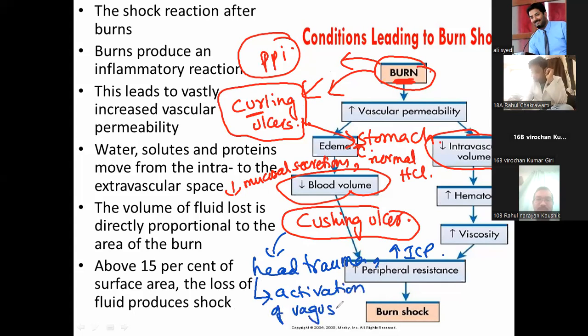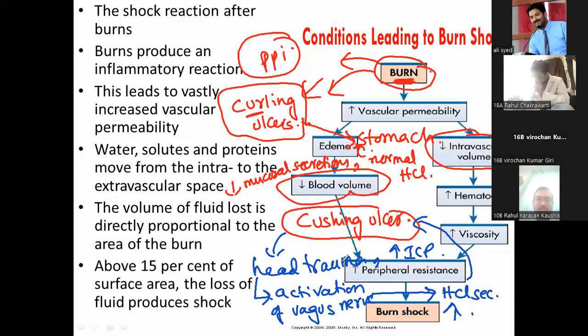And when the vagus nerve is stimulated in head trauma patients, what is going to happen? This patient's HCl secretion will be increased. So HCl secretion will be increased due to the stimulation of which nerve? Vagus nerve. And due to increased HCl secretion, the patient will develop Cushing ulcer.